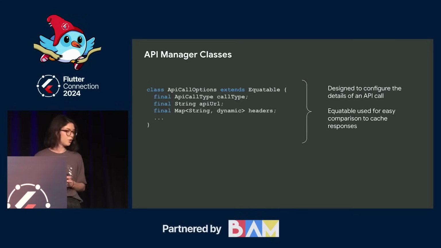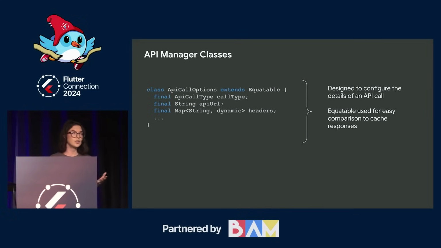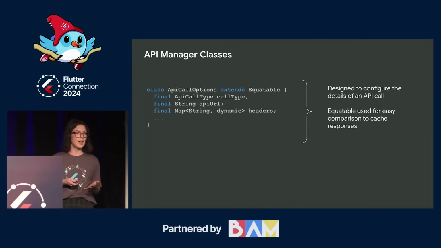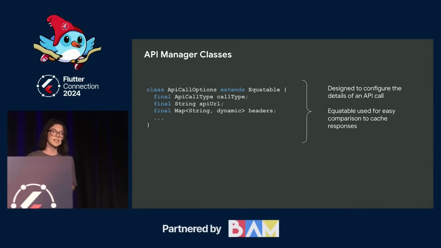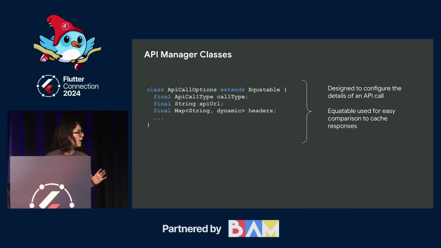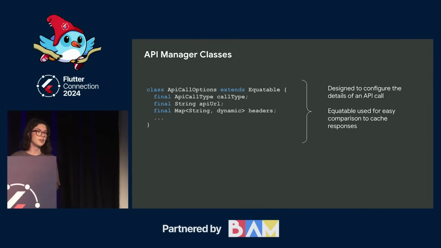And in the generated code, we actually have a couple of different classes that we create on our own to use to configure this API. So the first one is the API call options class, and this just configures the details of an API call. And it uses this Equatable package to easily cache the options, so we're not unnecessarily hitting your API.